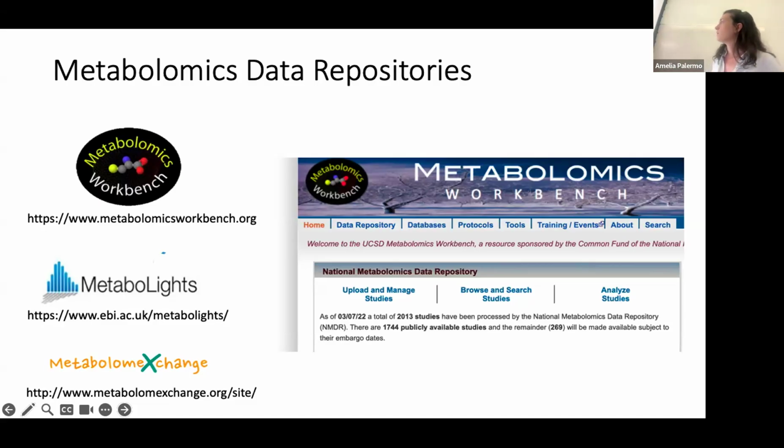I believe the GNPS now also includes some of the raw data, so it's always an evolving scenario, but these are the ones that I tend to consider first when I look for data. Another source of raw data from other studies, of course, as in transcriptional studies as well, is literature, and just contacting labs and seeing whether they want to share.